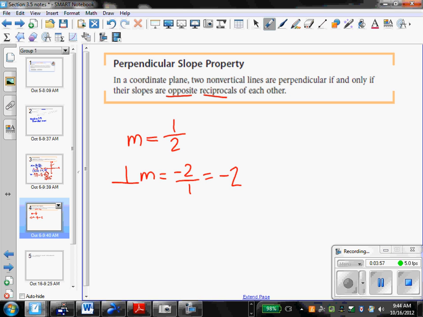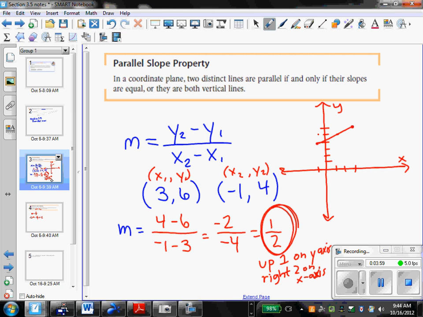So if I go back to the picture that I drew, and I want to draw in a perpendicular line, the perpendicular slope would be negative 2 over 1. So that means from this point I go down 2, because of the negative 2, and right 1. Down 2, right 1.